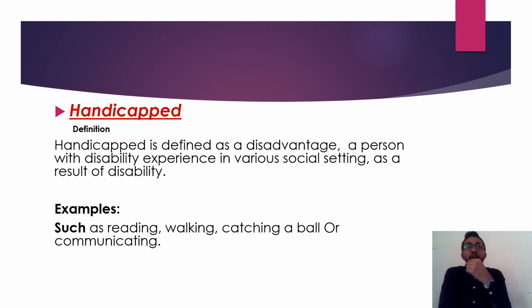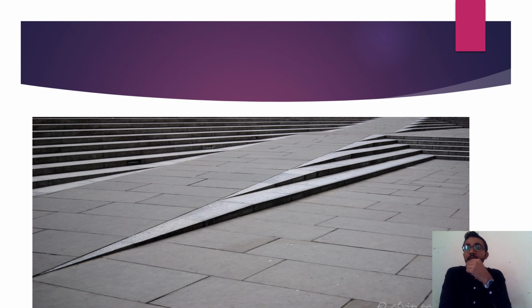In the next picture you can see that there are stairs as well as a ramp. A person who has some kind of impairment with his leg, or who can't see, is not able to step on the stairs, so he must have a ramp. If a ramp is not present there, he is handicapped, he can't go upstairs.